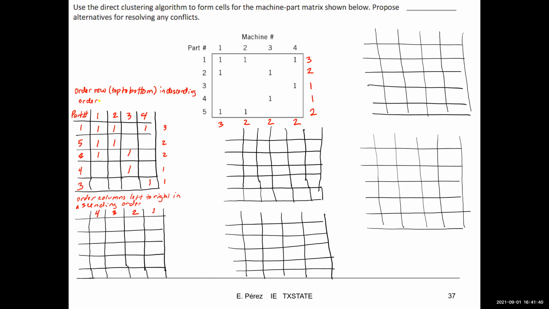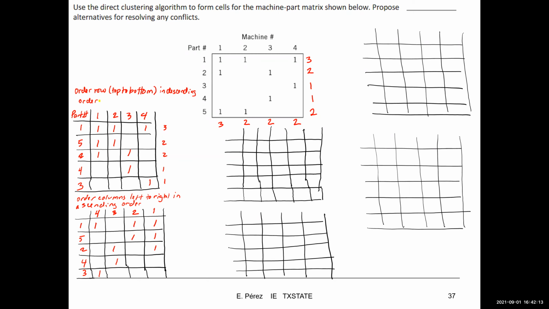And the rows will be the same: 1, 5, 2, 4, and 3. And the matrix will look like this. 1, 1, 1, 1, 1, 1. So that's the resulting matrix after the sorting.